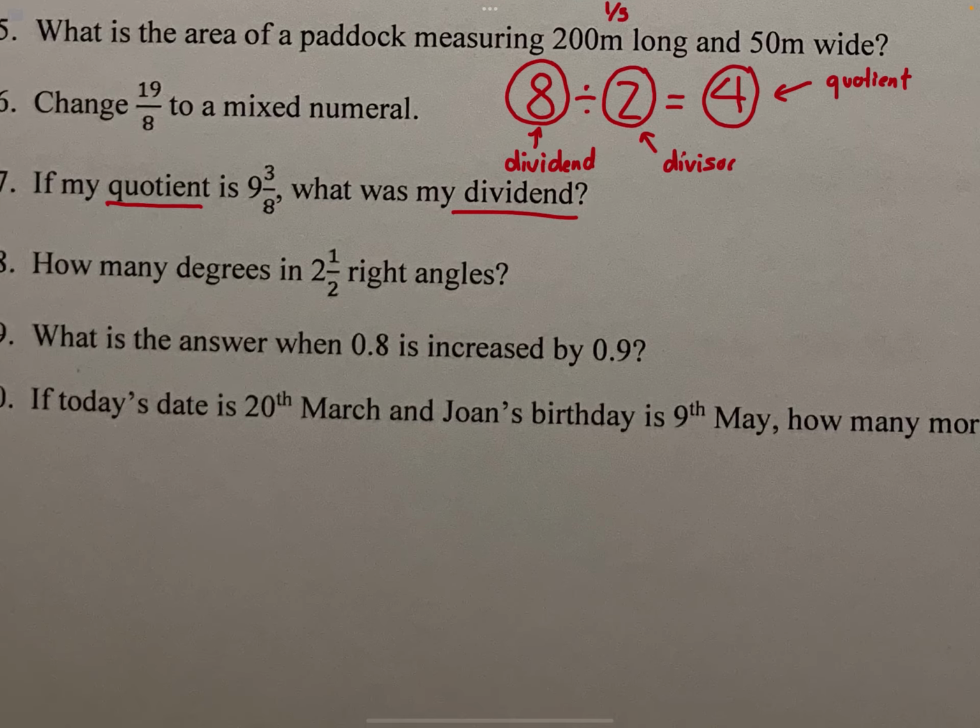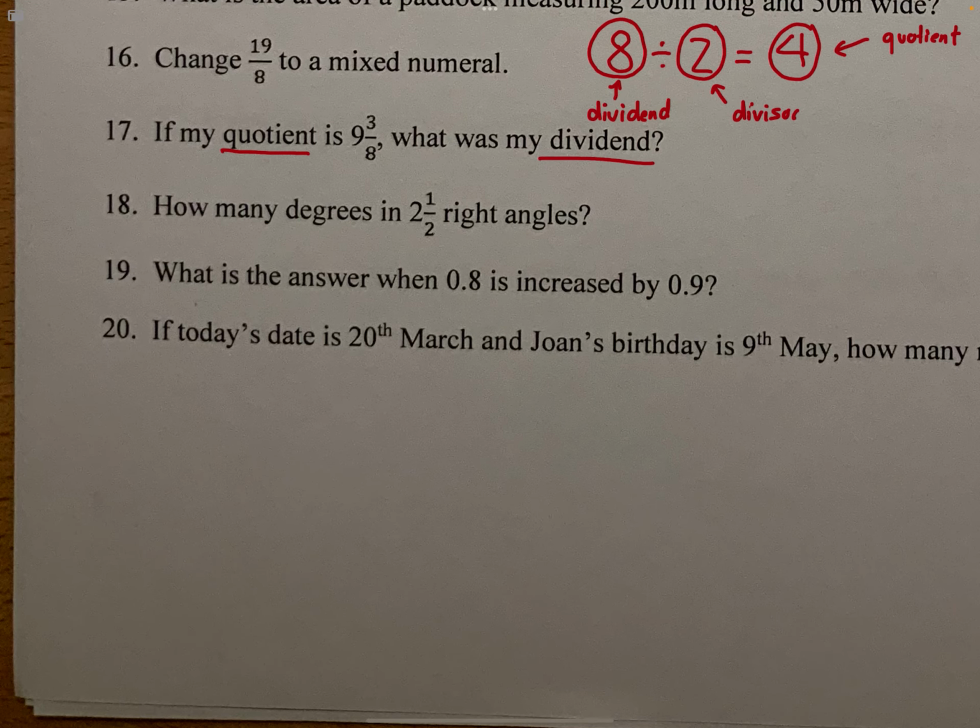So here it says my quotient is 9 and 3/8. What's my dividend? Something divided by something, the divisor, is equal to your 9 and 3/8.